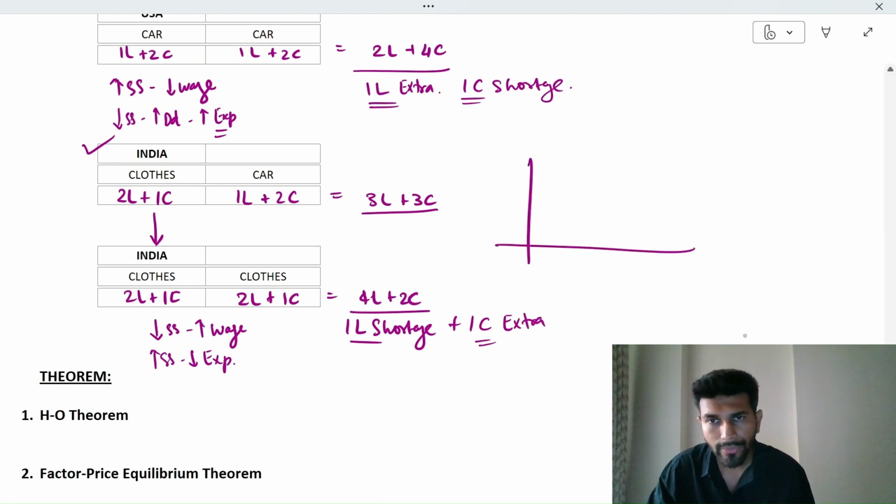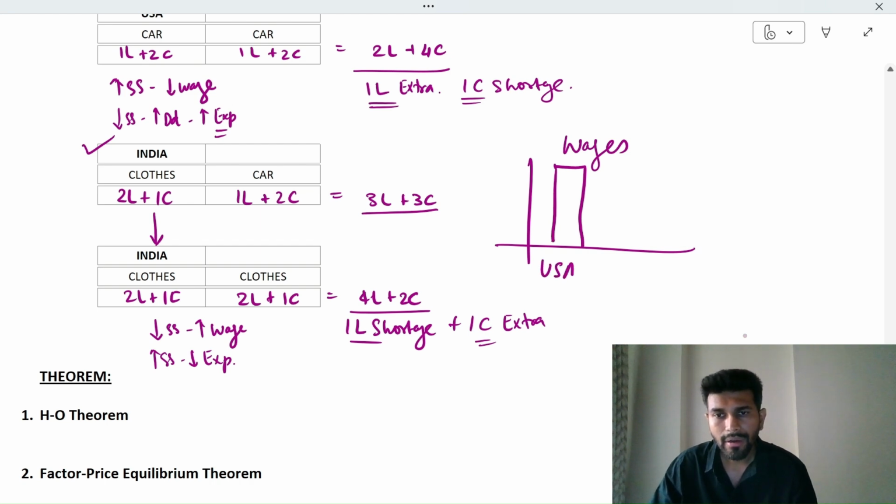For example, in USA, wage rates are high and in India, wage rate is low.